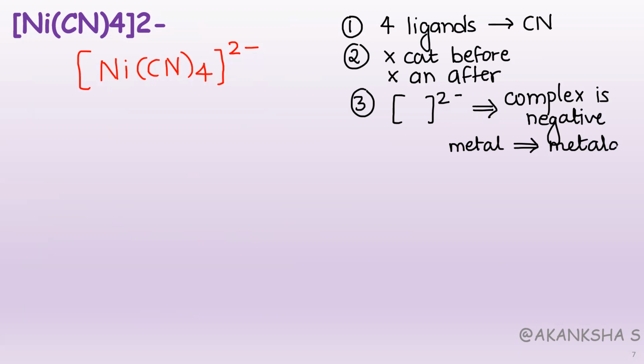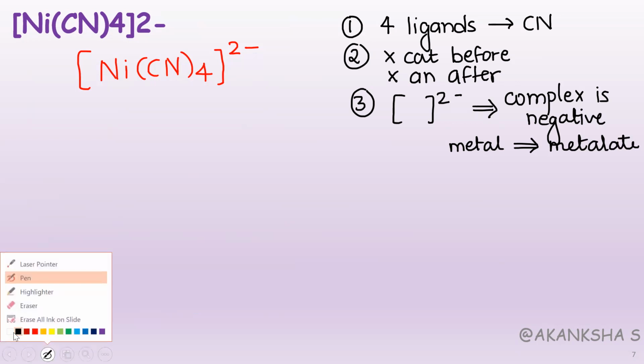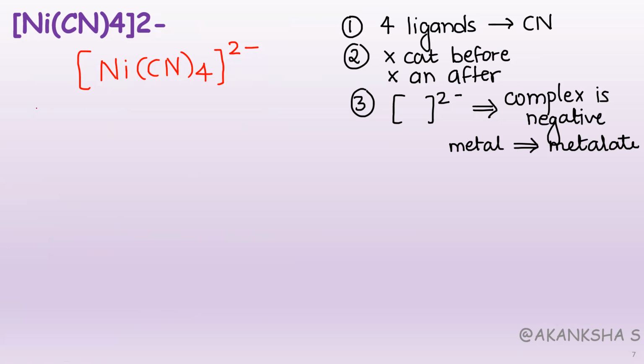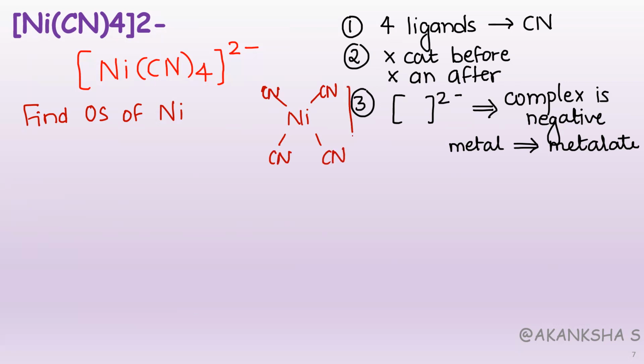So let's see how we can understand this. Step number 1, as always, is to find the oxidation state of the central metal. Here we have nickel, right? How is this arranged? Nickel, we have got CN, CN, CN, CN.